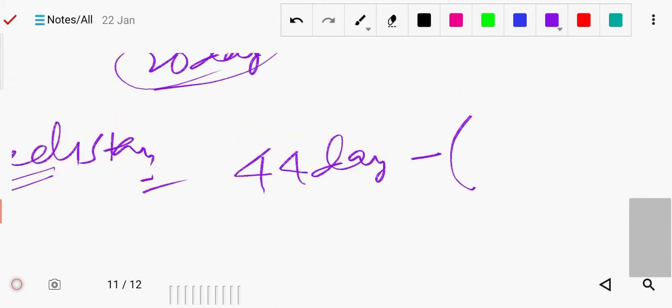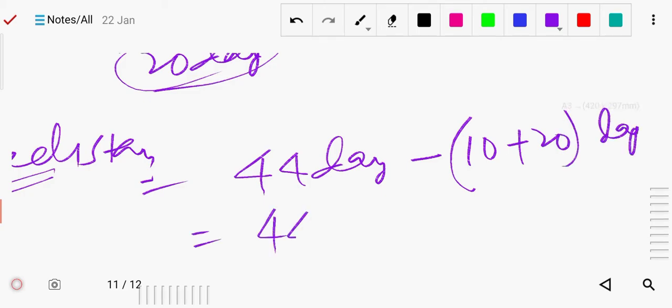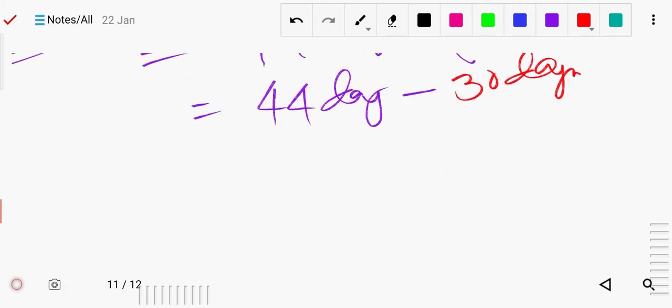So right here 10 plus 20 days. Now solve 44 days. These two you can add, so it will be 30 days. Now you can subtract these two, so you will get 14 days.